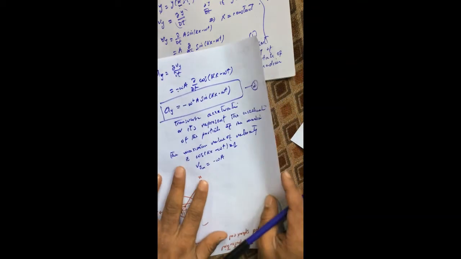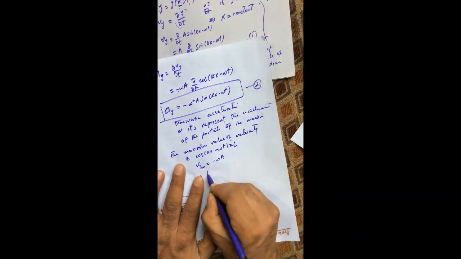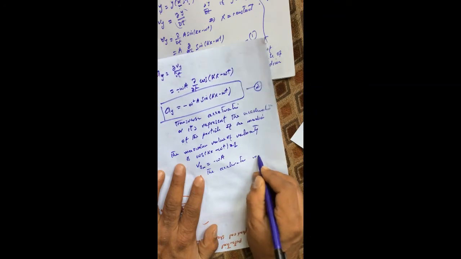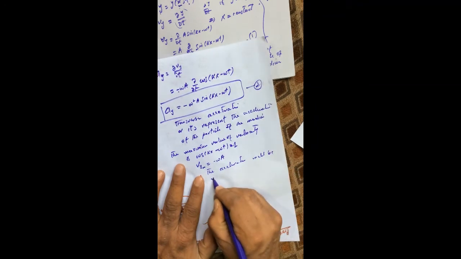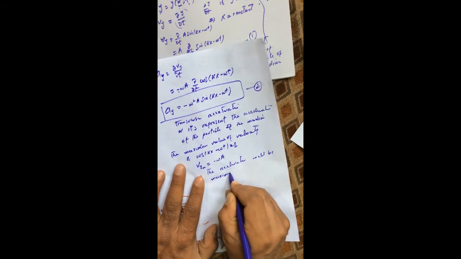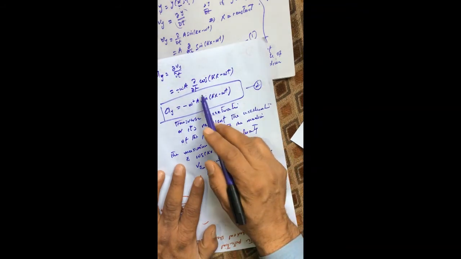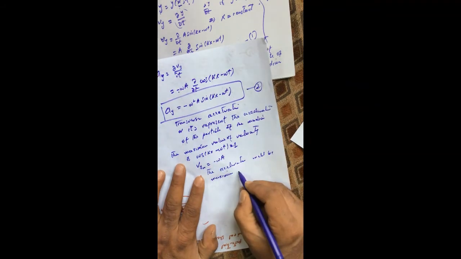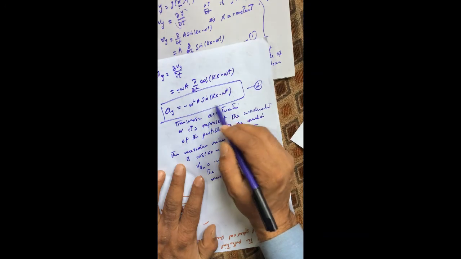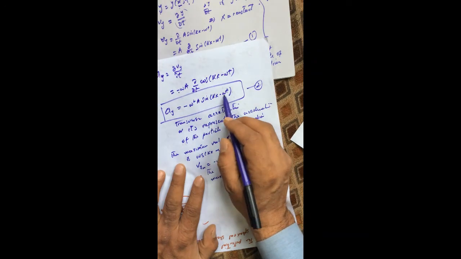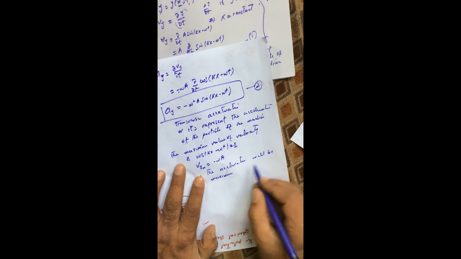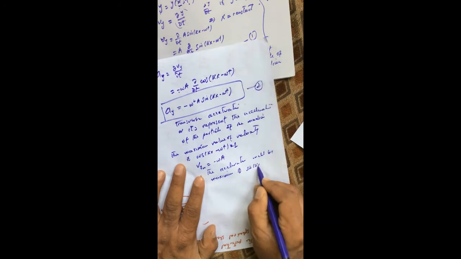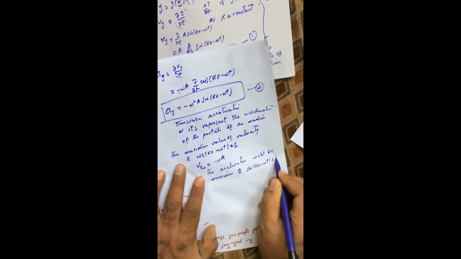And similarly, if you look at this equation, the acceleration will be maximum if the value of sine(kx minus omega t) is maximum, and the maximum value of sine is 1.